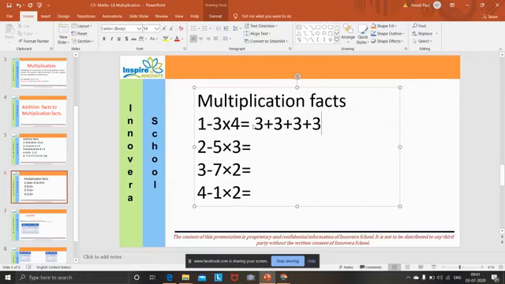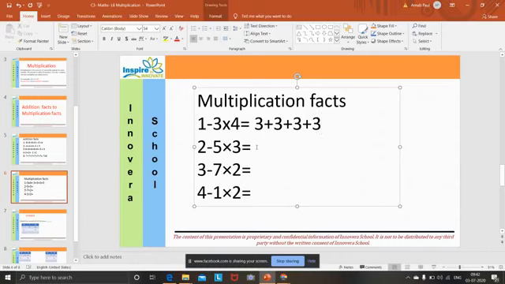That is 4 times. Why? Because the number is repeating. So we are going to write it as 4 times, that is 3 plus 3 plus 3 plus 3. 4 times we are going to write 3 over here. Next one.